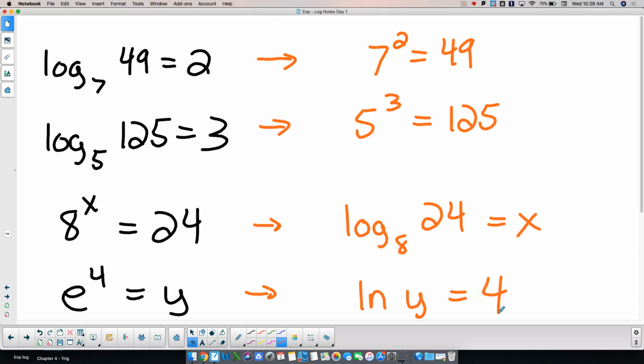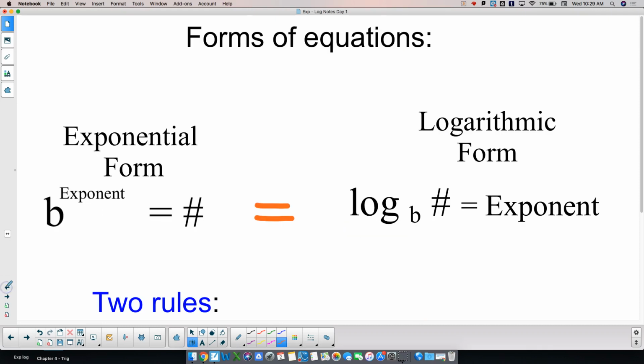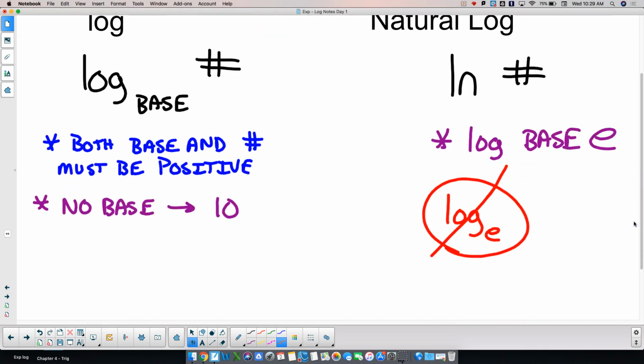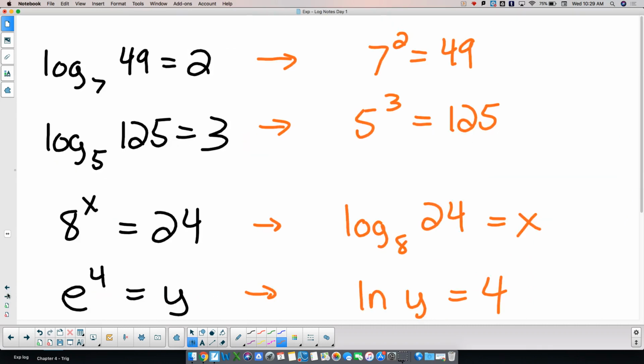Log base e, remember, big old slash through it. Log base e, big old slash. Natural log instead. So switching forms is going to be a crucial component to your work starting tomorrow.